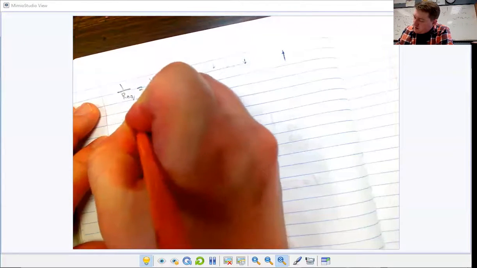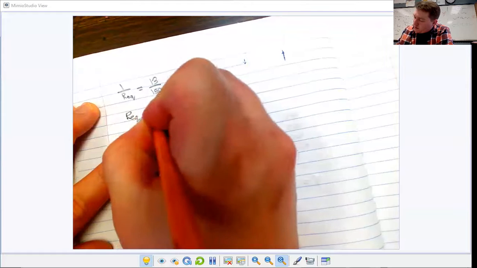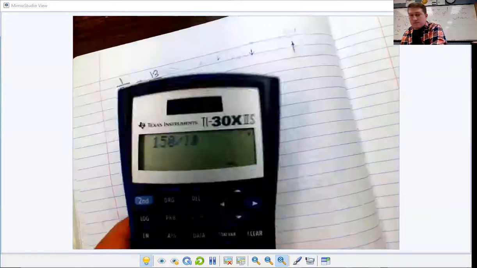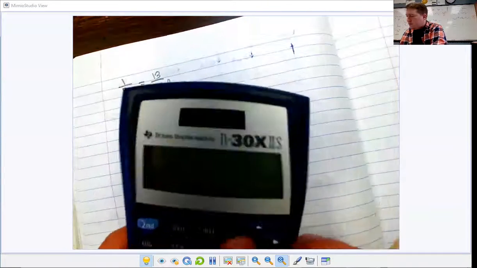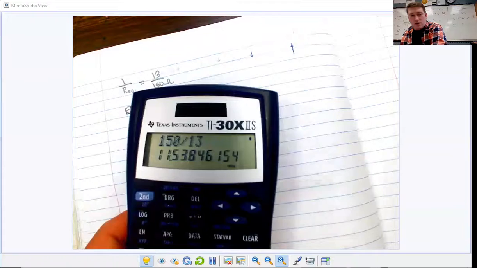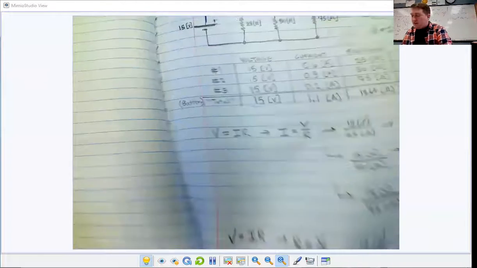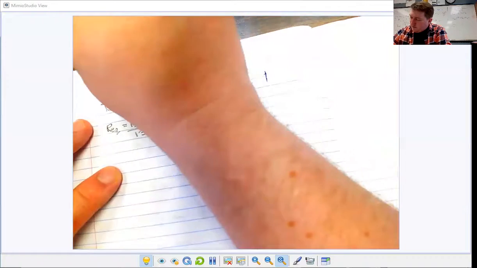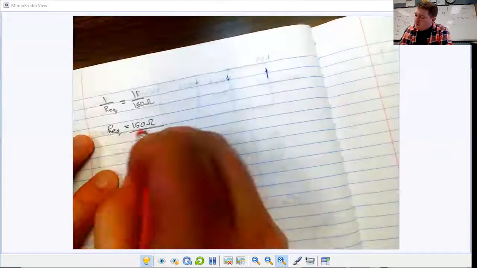Req is going to equal 150 ohms divided by 11. Oops, I made a mistake, I'm sorry, it's 11 over 150 ohms, not 13. 150 divided by 11.